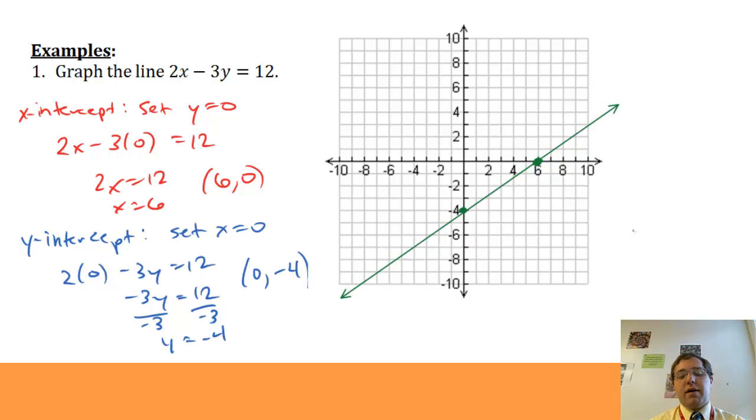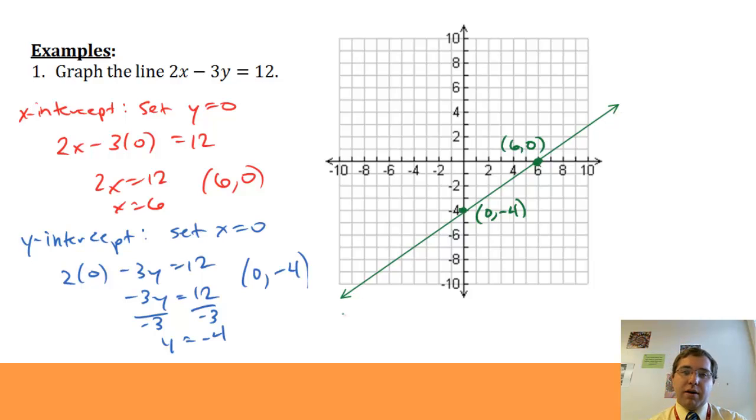So notice how I've extended my line to cover the entire portion of the coordinate plane I've drawn. And I've graphed 2 points, and I'm going to label those 2 points as ordered pairs, (0, negative 4) and (6, 0). And I have arrows on the ends of my line.